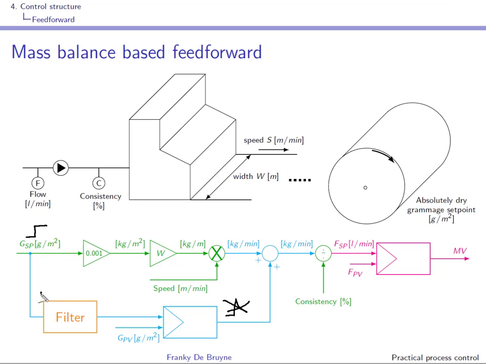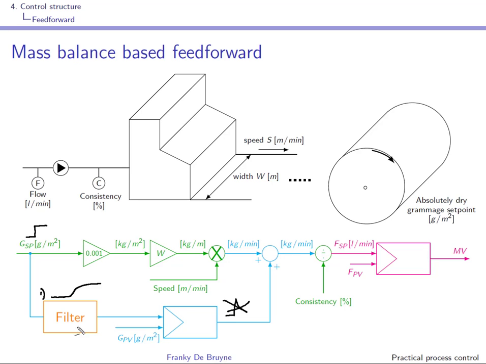The first one is to use a filter or a transfer function that can be used to mimic the expected closed loop response of the system, right? Then the controller will only react to deviations with respect to this desired closed loop response, and you will not have this kick at the output.